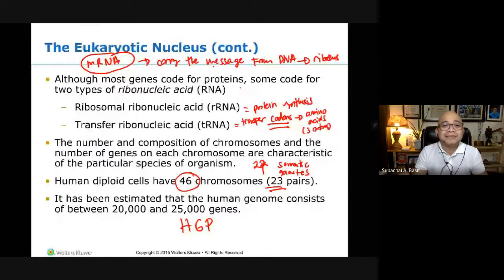It has been estimated that the human genome consists of between 20,000 and 25,000 genes, which have already been mapped through the project known as the Human Genome Project.